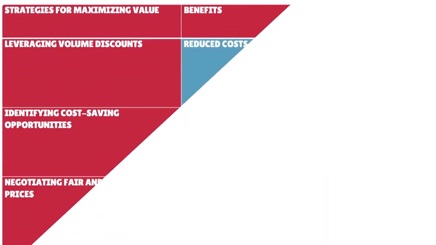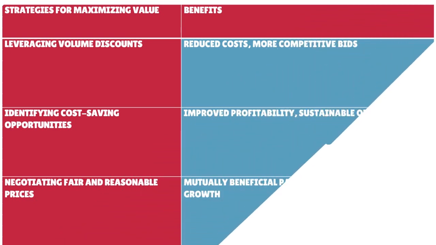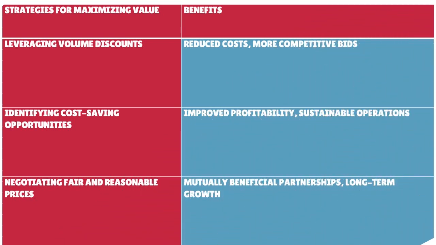So what I just showed you is a similar table on the screen here, a table that will let you know more about striking the right balance, okay, in terms of maximizing value. If you want to maximize value, you can leverage discounts, you can identify cost-saving opportunities, and you can negotiate fair and reasonable prices.